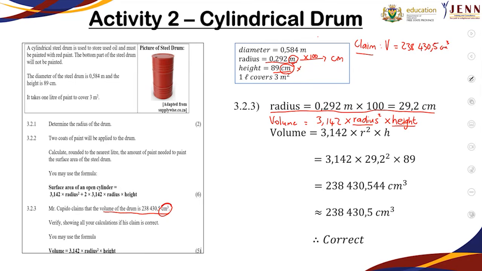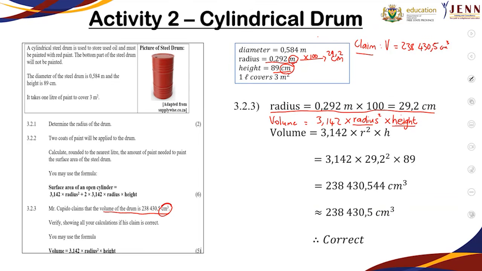So the radius will be 0,292 meters multiplied by 100, and that will give me 29,2 centimeter. Now my radius is in centimeter, 29,2 centimeter.